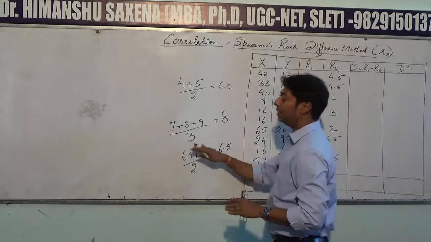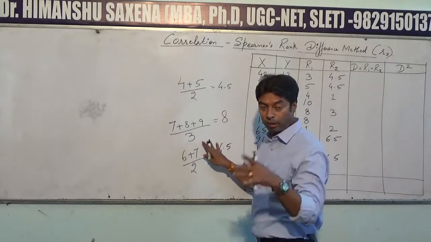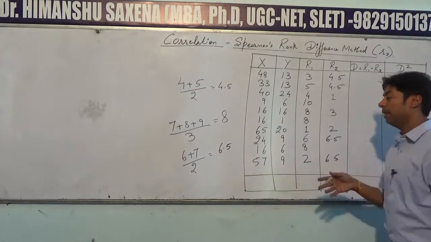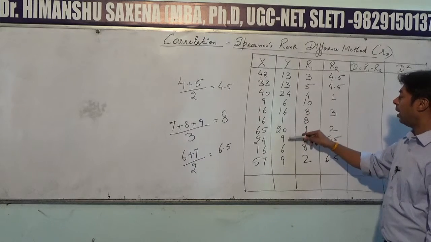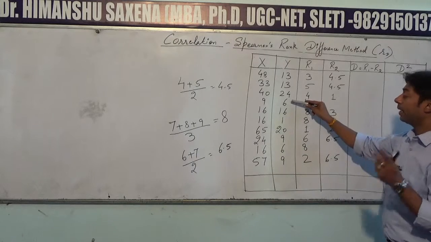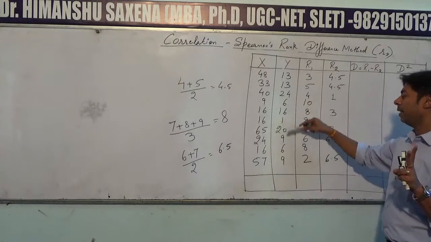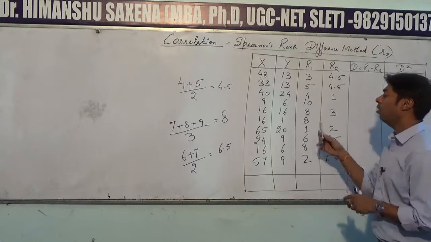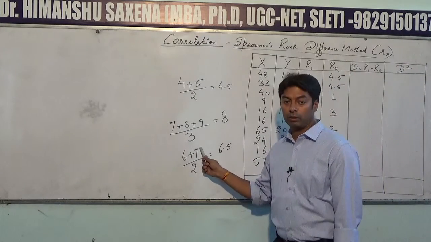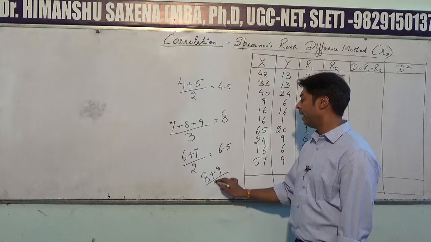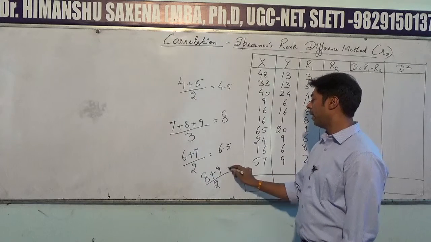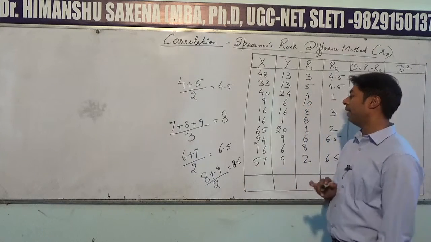Now 6 and 7 are both gone. You cannot assign any rank between 6 and 7. So we'll look at the next number after 9. There are again two numbers which are exactly the same, and they are 6. Now since 6 and 7 are gone, we need to calculate the average between 8 and 9. So 8 plus 9 by 2 will be equal to 8.5.